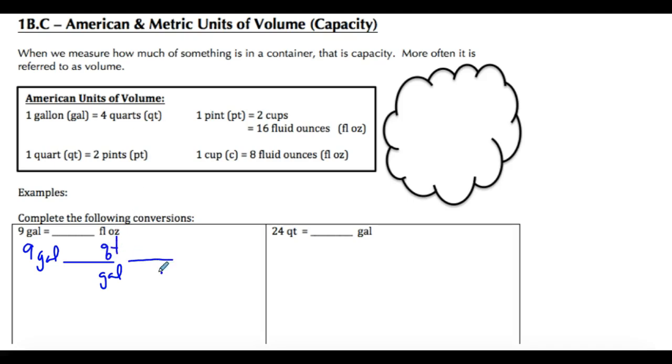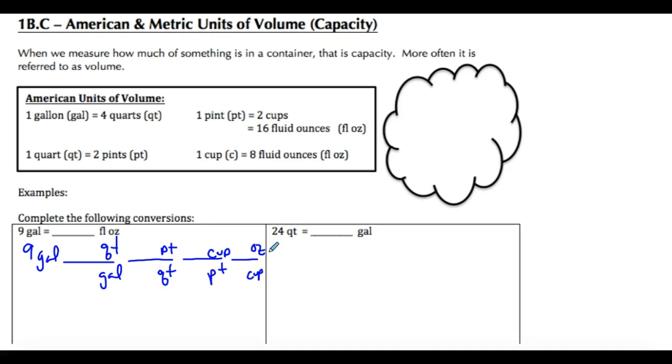Then quarts goes to pints. Pints goes to cups. And then cups goes to ounces. You can see this one is a little bit longer because we're starting with our absolute biggest measurement of volume and going to our lowest.